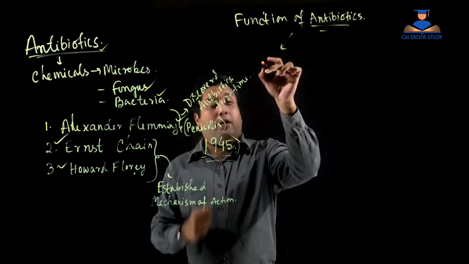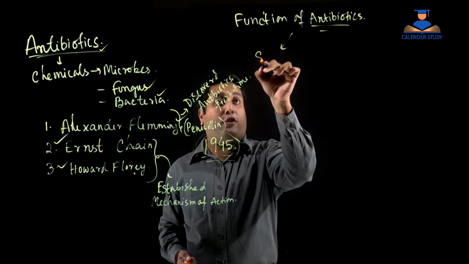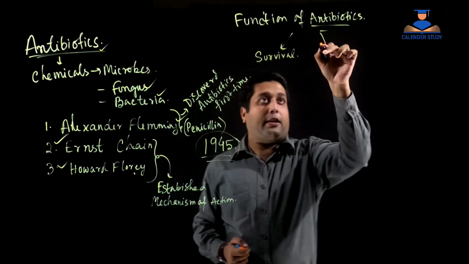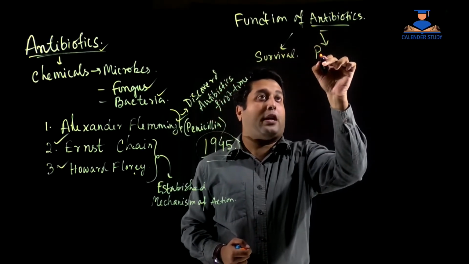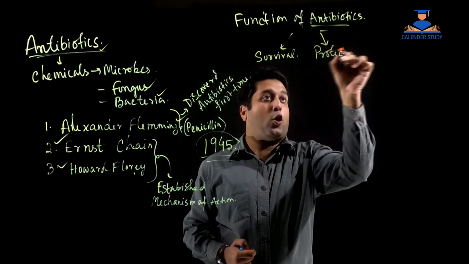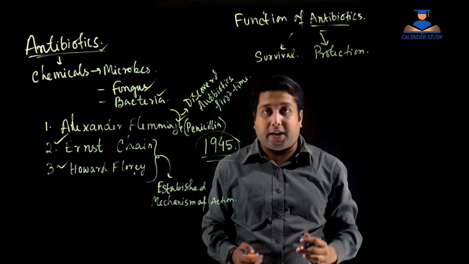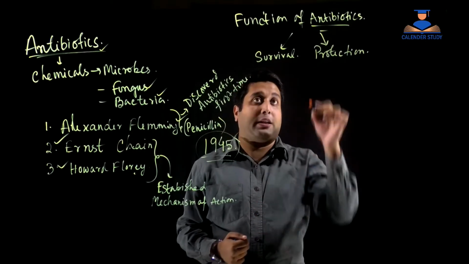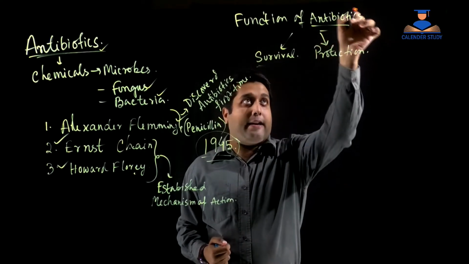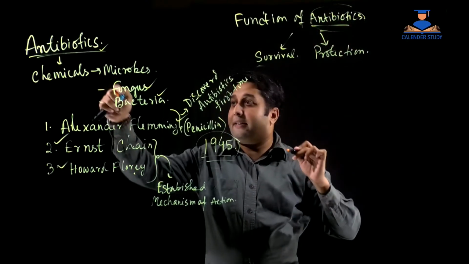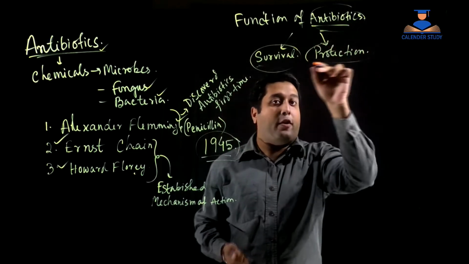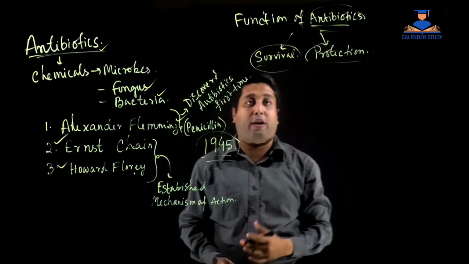One is that it is important for their survival in nature, and it also provides a protective function, protection against competing species of microbes. So these antibiotics help these organisms in their survival by protecting them from other kinds of microorganisms.